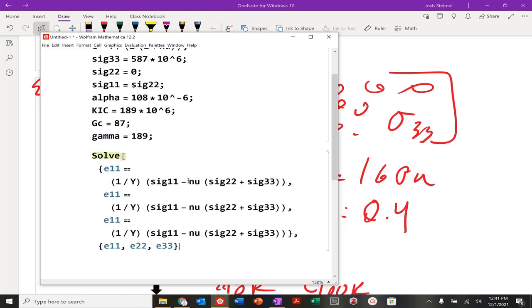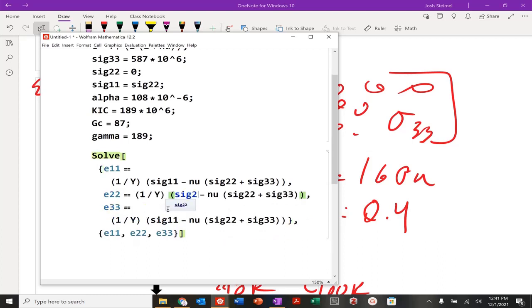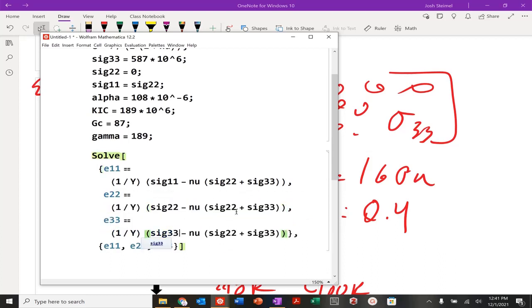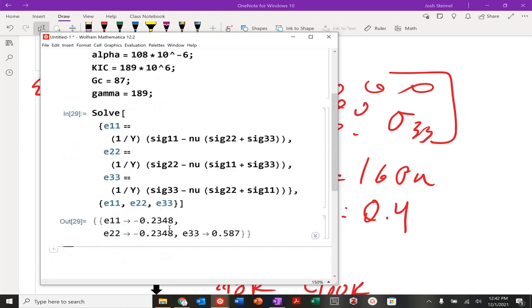I have to change my values here, E22, E33, sigma 22, sigma 33, sigma 11, actually, sorry, let me undo that, sigma 11 here, 33, and now we can go ahead and solve.